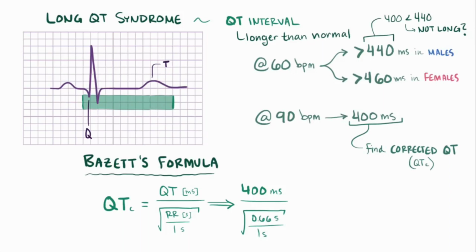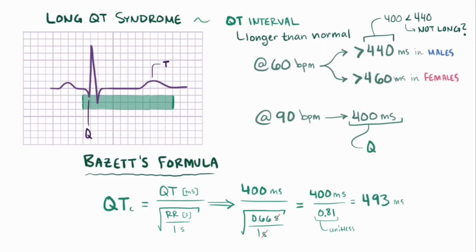So we have a QT of 400 milliseconds divided by the square root of 0.66 seconds over 1 second, which is 400 milliseconds divided by 0.81, which is unitless. And we get a corrected QT interval of 493 milliseconds, which is greater than 440 milliseconds. So actually, a 400 millisecond QT interval at 90 beats per minute is considered long.